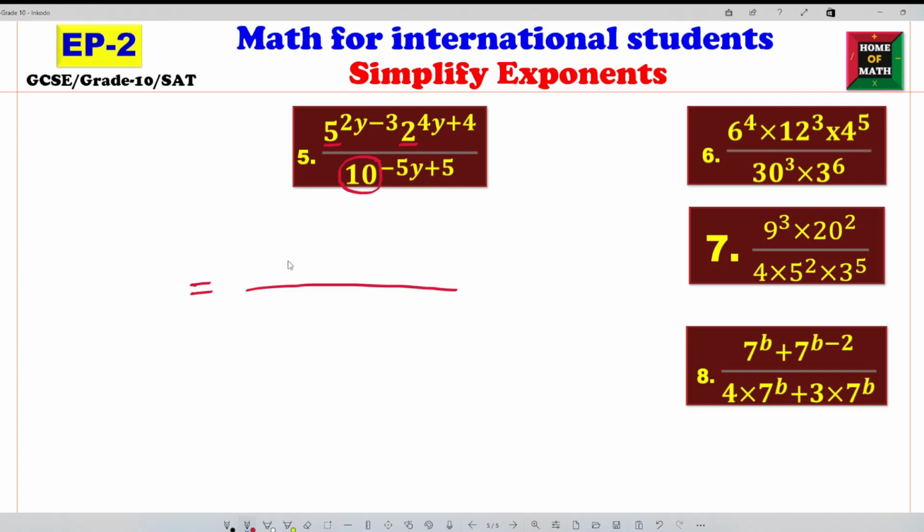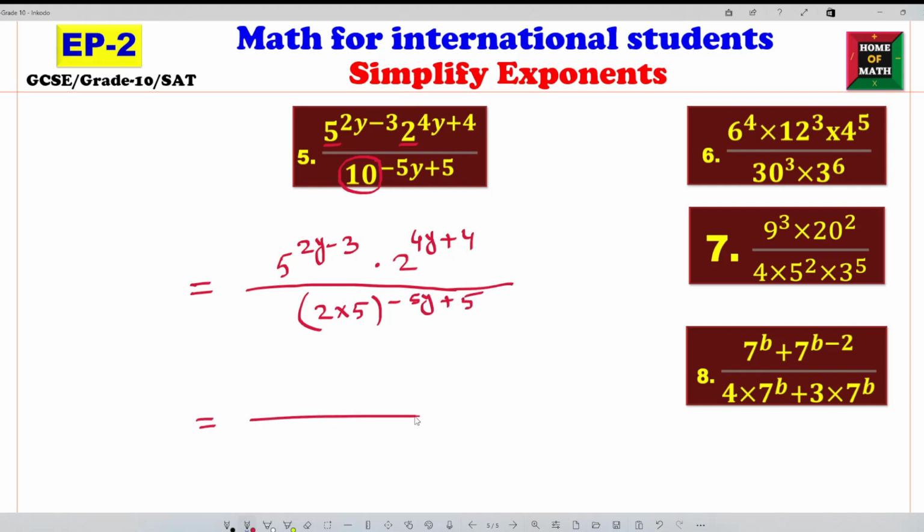So we can write it like this: 5 to the power 2y minus 3, and here 2 to the power 4y plus 4. This 10 we can write as 2 times 5, right? And here the power is minus 5y plus 5.